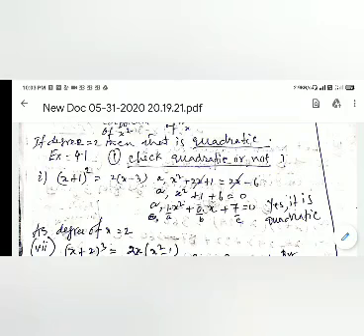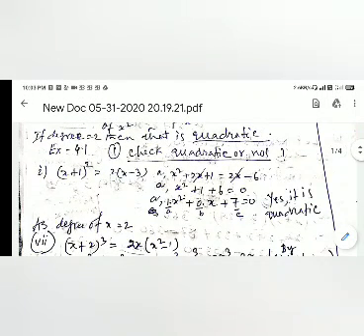That means a equal to 1 into x square, 0 into x term, there is no x term, we are not getting any x term here. x square plus 7 equal to 0. That means 1 into x square plus 0 into x plus 7 equal to 0.